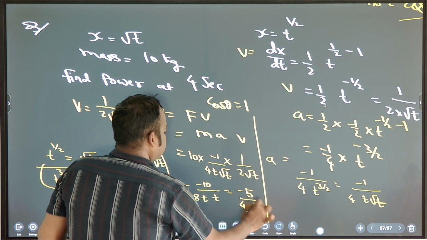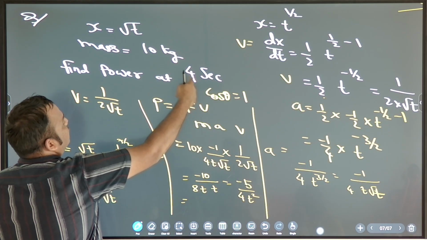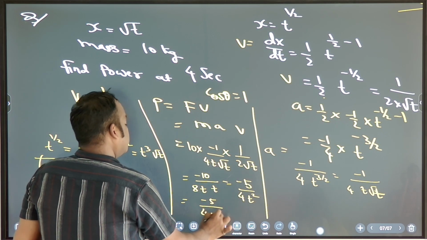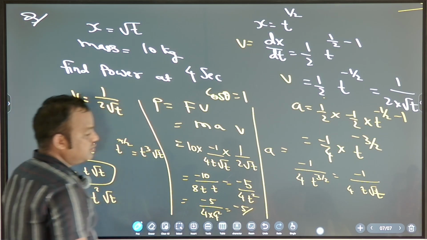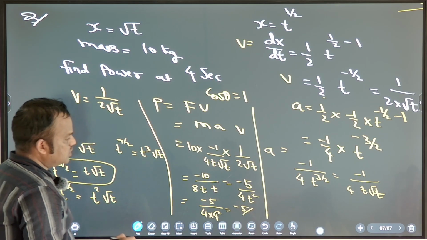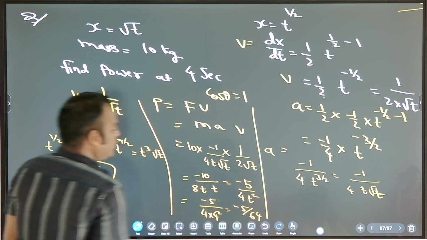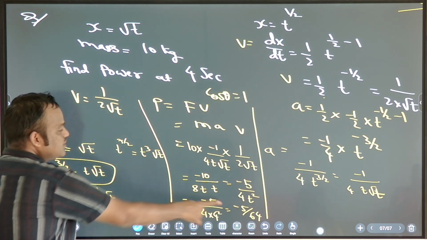So minus 5 by 4 t square. Time is given as 4, so minus 5 by 4 into 4 square, which is 64. Minus 5 by 64. Clear? Your answer is negative.